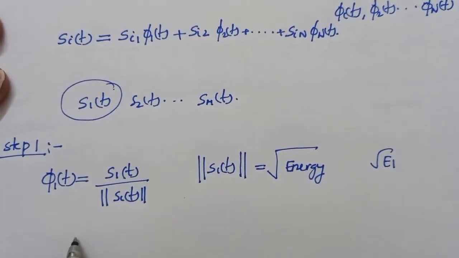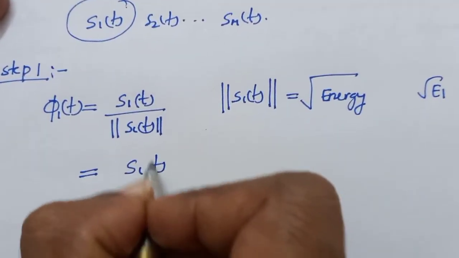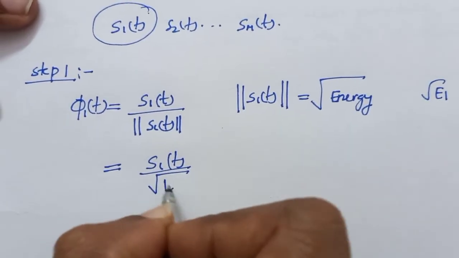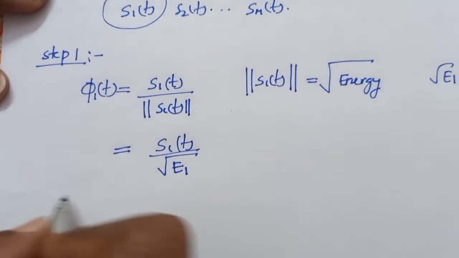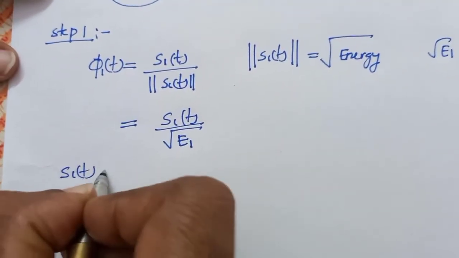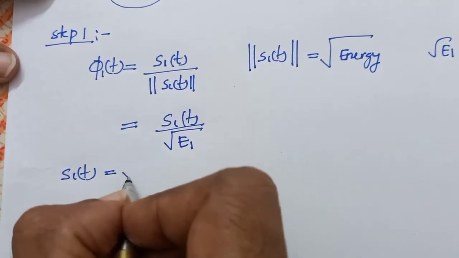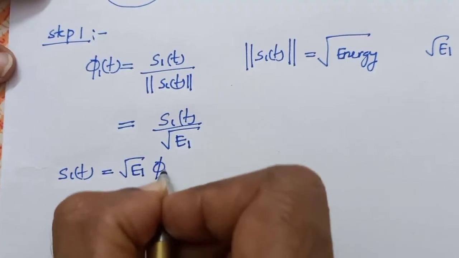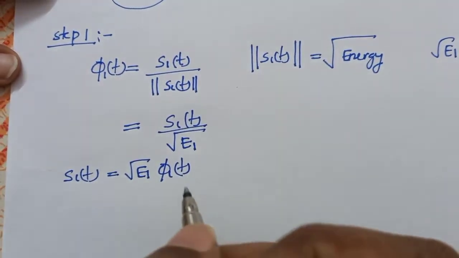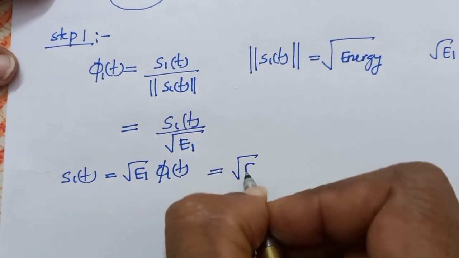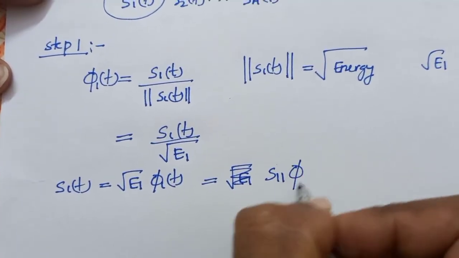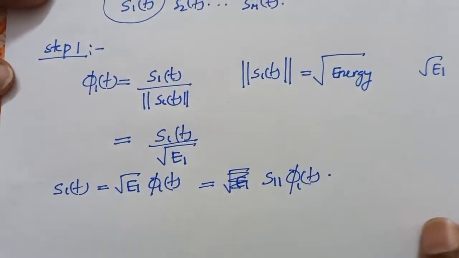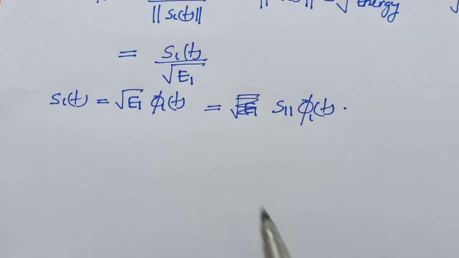So we have S1(t) divided by root E1, and S1(t) can be written as root E1 phi1(t), which is equivalent to S11 phi1(t). What is S11? S11 is the square root of energy.